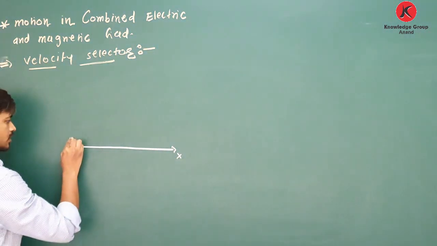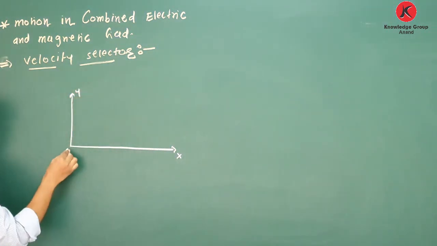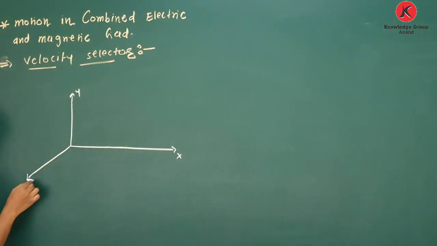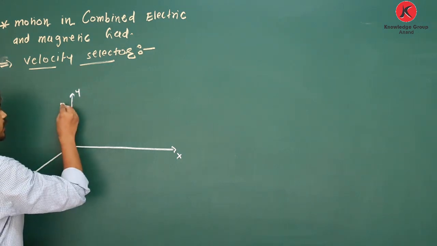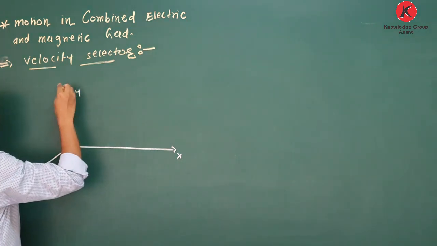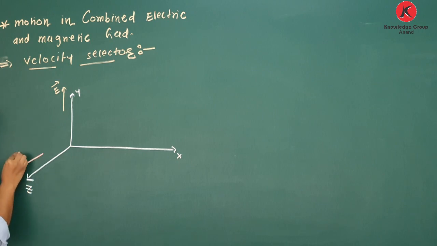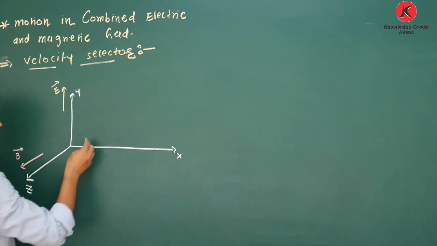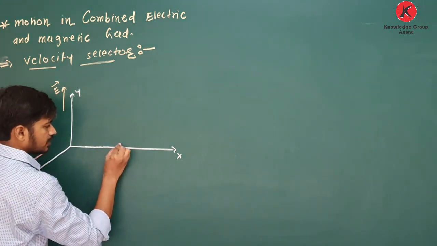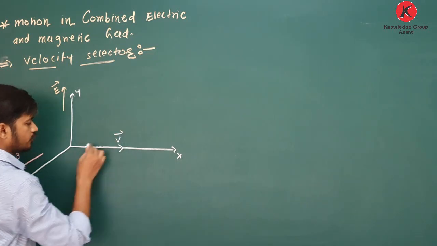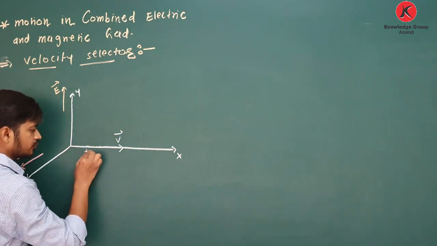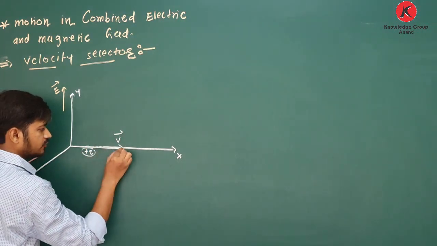Okay, let this be the x-axis, y-axis, and here it is the z-axis. Let the electric field be in the y direction, the magnetic field in the z direction, and the charge is moving in this direction. Plus q charge is moving in this direction.